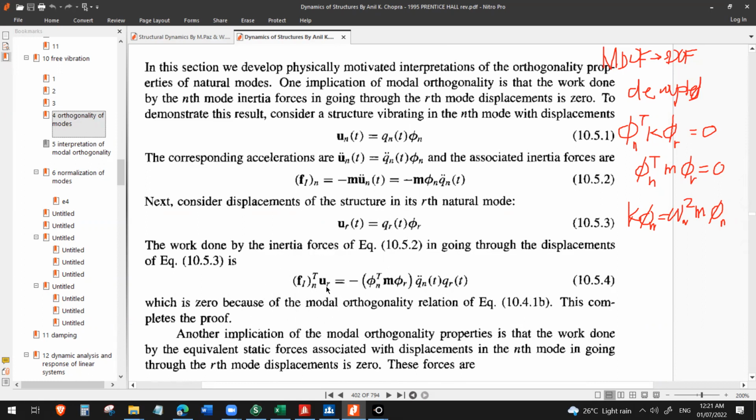Force times displacement. So from the nth mode, pinagsama, no? At saka from the rth mode. Force from the nth mode, F sub I n, and the displacement at rth mode, U sub r, is equal to. Ayan yung formula. So how did we get that?